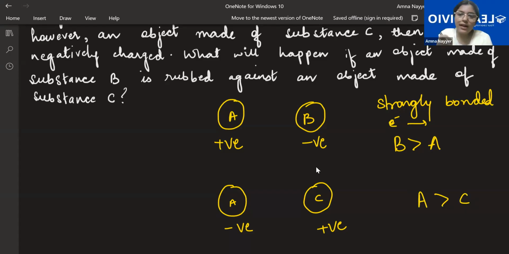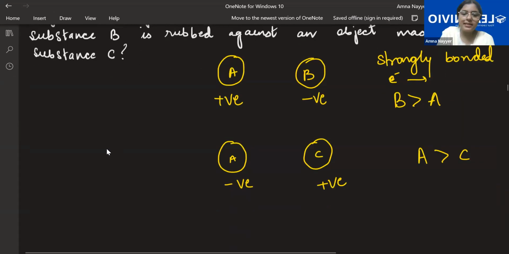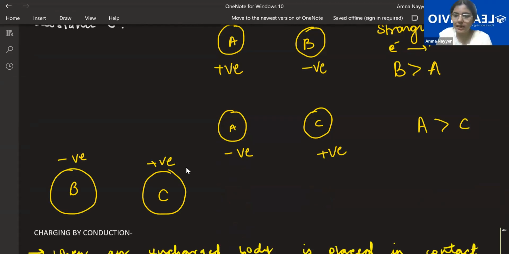Now it says what happens if an object made of substance B is rubbed against an object made of substance C. Basically, B is negative, C is positive. Okay, this was for us earlier.